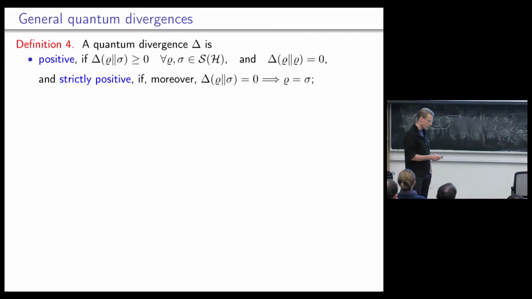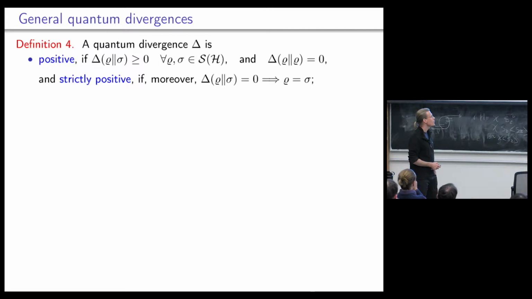And of course, we defined divergences in this very general way, but they will be interesting and useful for us if they satisfy certain properties. So let me go through these properties which we want a divergence to satisfy. So first of all, we want to consider it as some kind of distance or distance-like quantity on quantum states. So we want it to be positive or take non-negative values, and if you put the same state in it, then it should be 0.